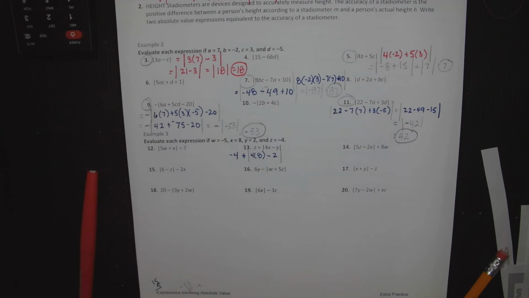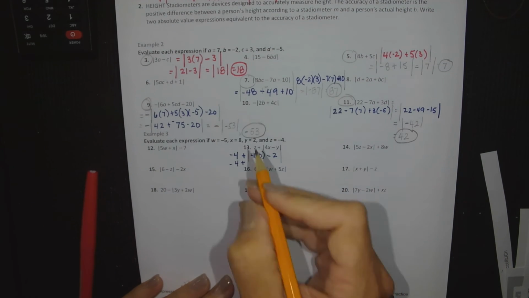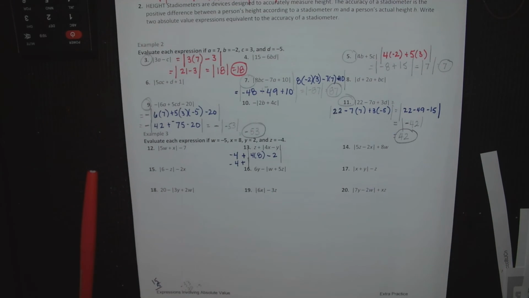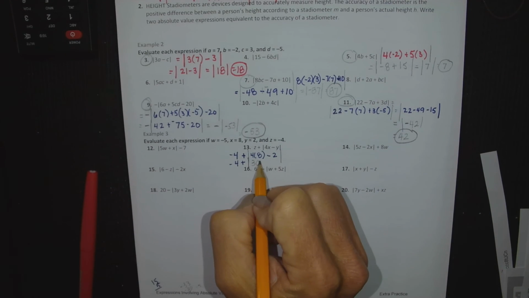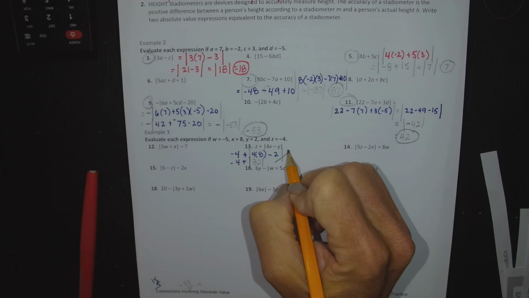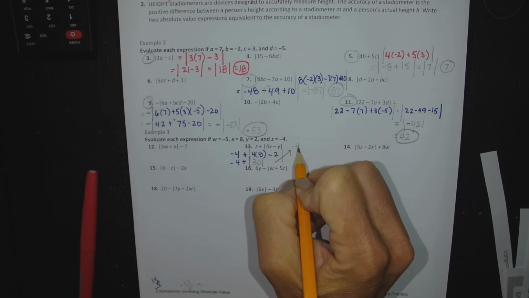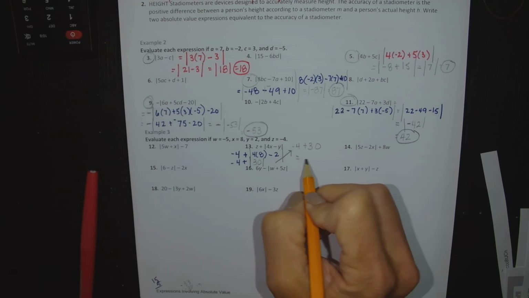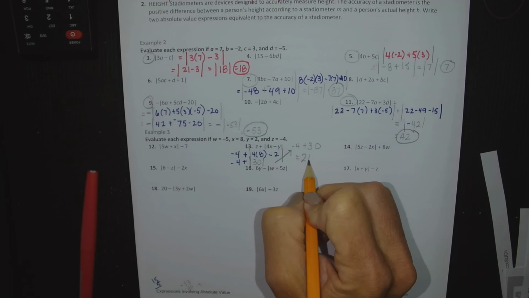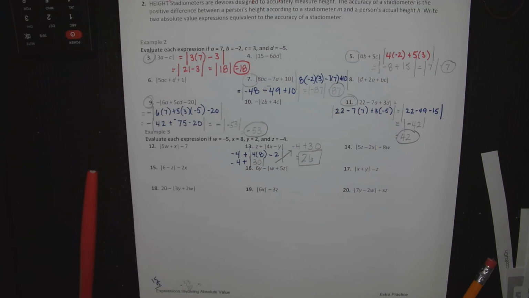So you have negative 4 plus the absolute value of 32 minus 2 is 30. I'm going to do a little arrow up here. Negative 4 plus the absolute value of 30. What's negative 4 plus 30? 26.